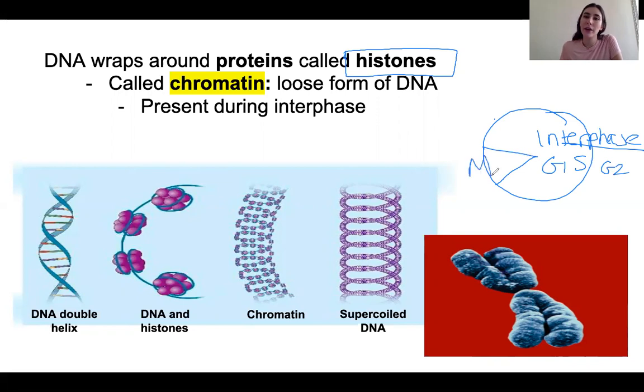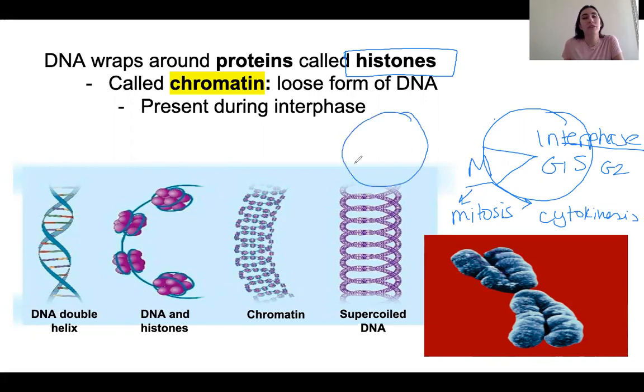And then the second part is M, which includes mitosis and cytokinesis. Now, during interphase, DNA is not dividing, right? It's just kind of preparing to divide. So DNA is going to be found in this very loose, almost like spaghetti noodle looking form, okay?